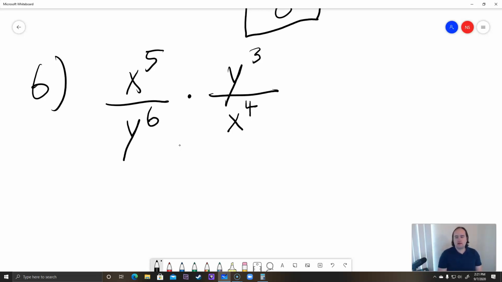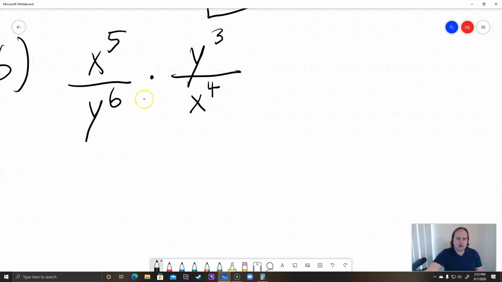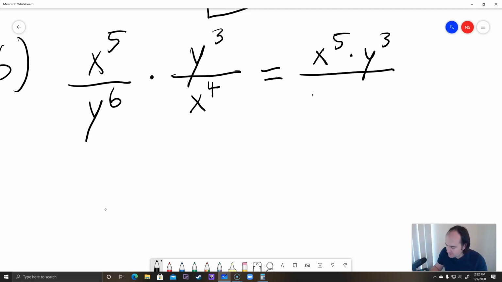Even though we have a bunch of exponents, we still want to multiply straight across. So we're going to have x to the 5th times y cubed on the top, and on the bottom, y to the 6th times x to the 4th. There are a couple ways you can do the rest of the problem.